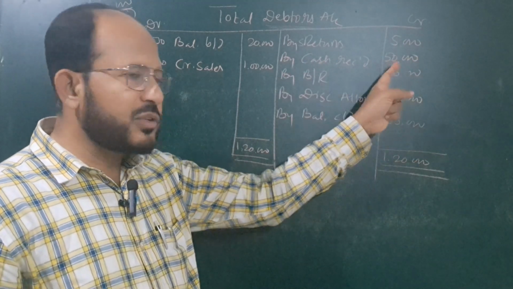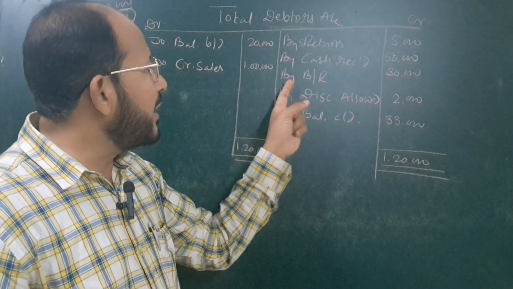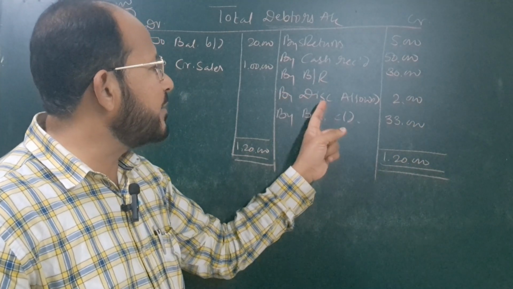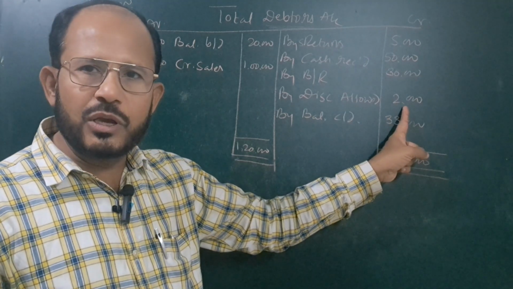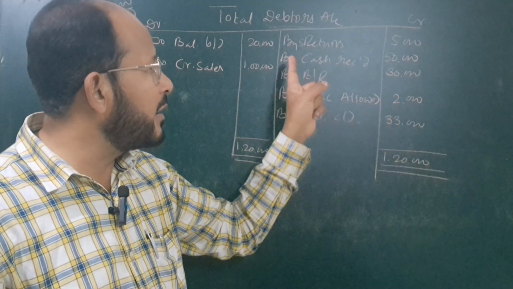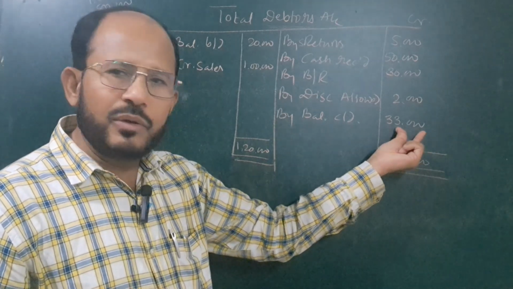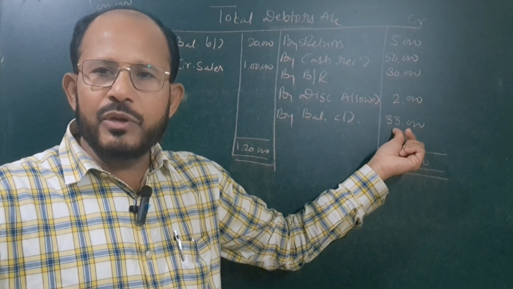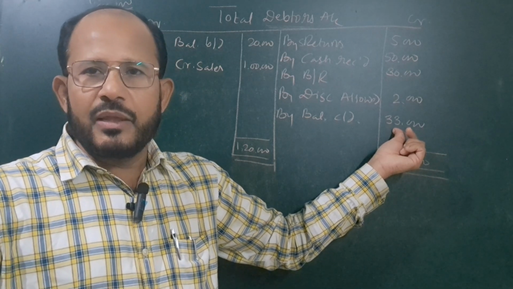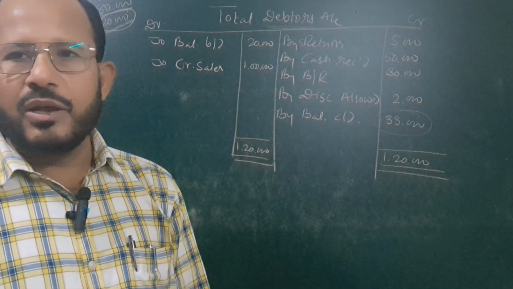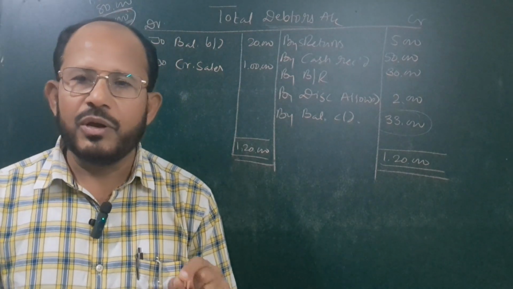In the form of cash, we have collected rupees 50,000. And next one is in the form of bills, rupees 30,000 is collected. And next one is discount allowed, rupees 2,000. Discount is given by the businessman to the customers. Next one is, this is the amount at the end of the year which is not collected. It means this is called the closing value of debtors.